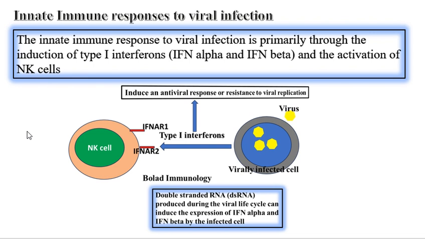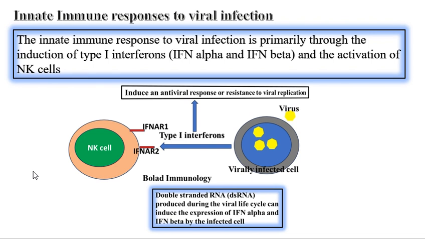The innate immune response to viral infection is mainly through induction of type 1 interferons and activation of natural killer cells. If human cells get infected by viruses, the infected cells will produce type 1 interferons to protect uninfected cells.